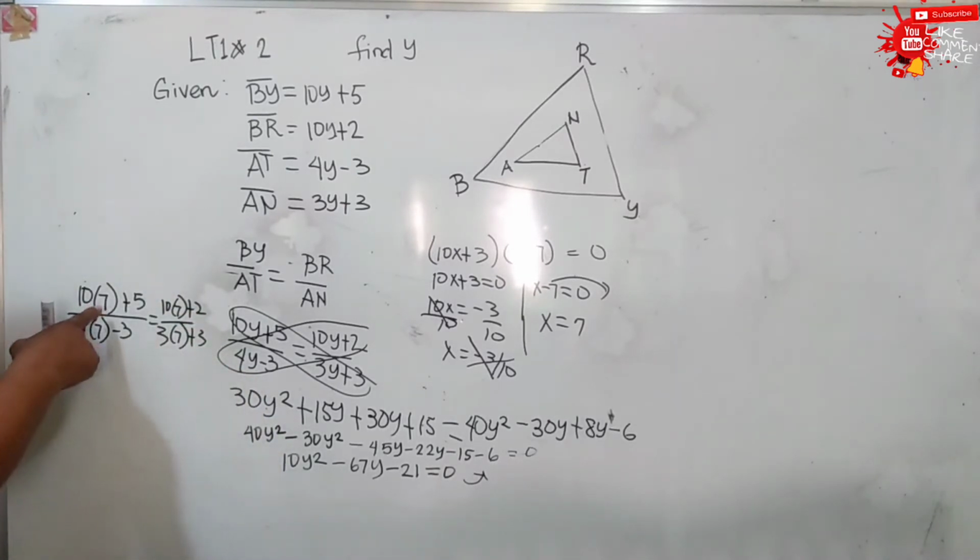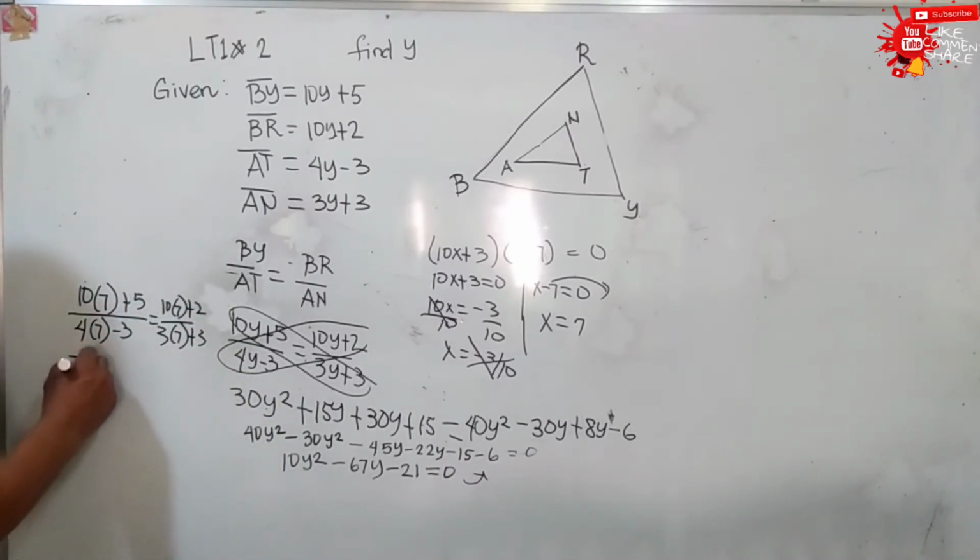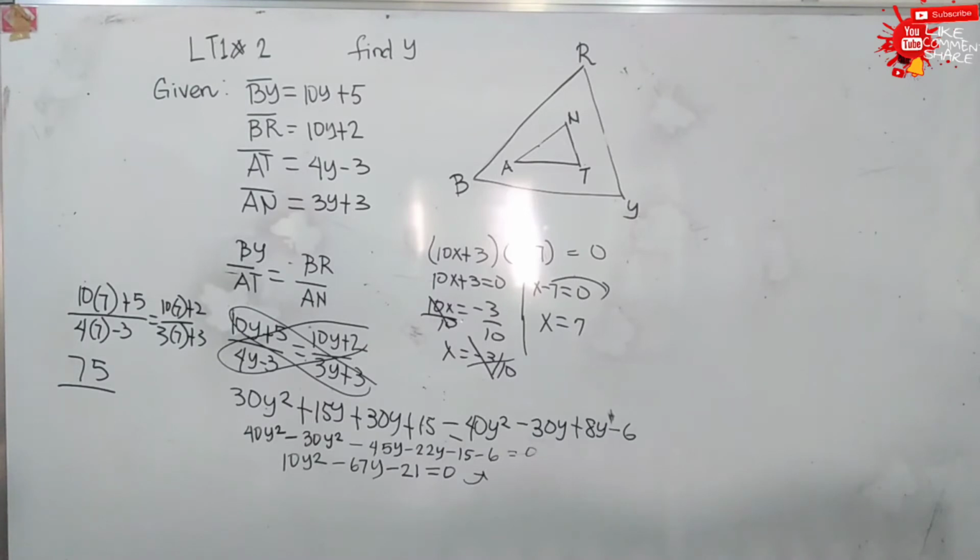Okay, so 10 times 7 is 70 plus 5, 75. 28, 4 times 7 is 28 minus 3, that is 25.